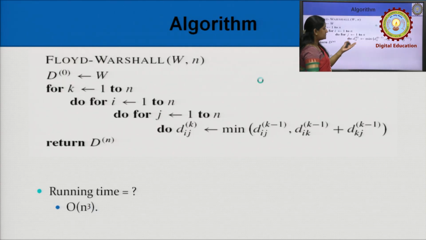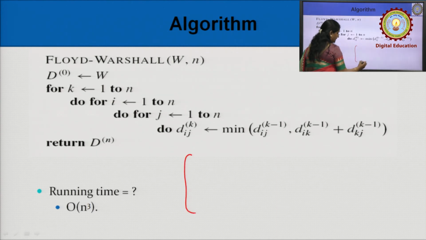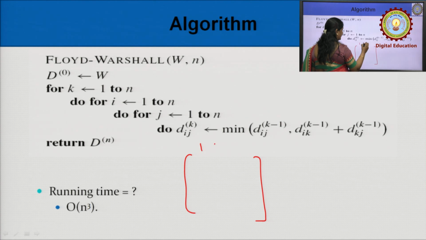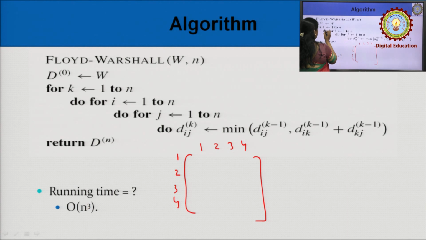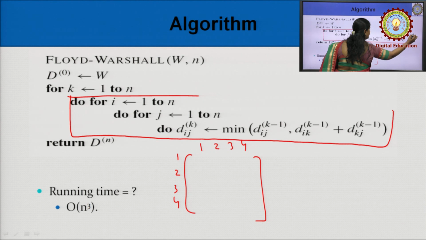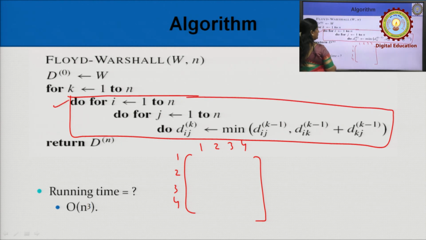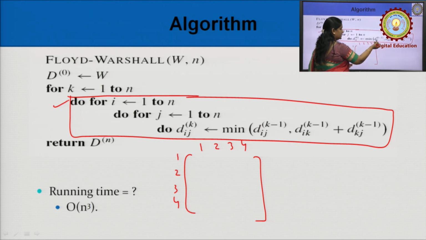Now, what is the algorithm to calculate the Floyd-Warshall matrices? As we know, in matrices the rows and columns are labeled by the number of vertices. This is for row i from 1 to n and column j from 1 to n, and we always take the minimum of dij and dik plus dkj.